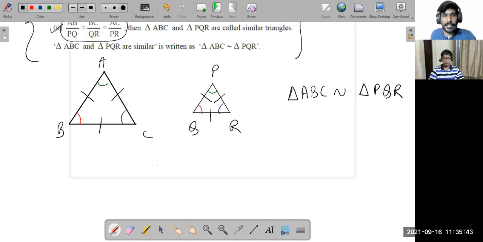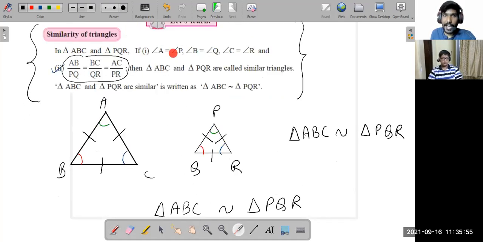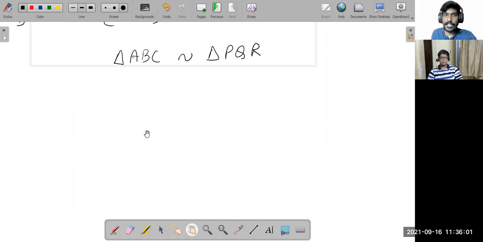So if two triangles are similar, ABC similar to PQR, then you should know that angles will be equal and sides will be in proportion. So looking at this, you should be able to write the sides which are in proportion.